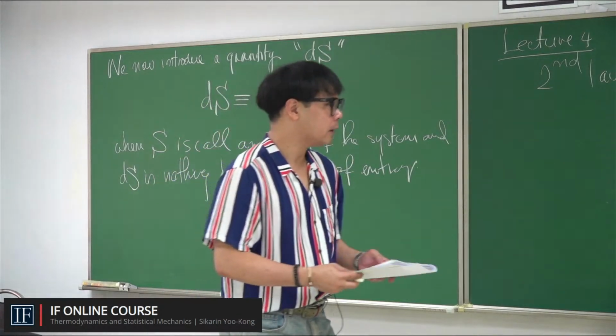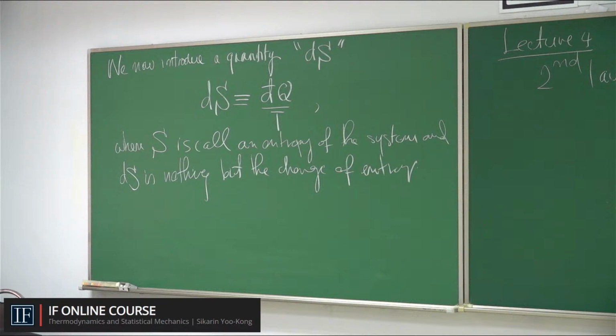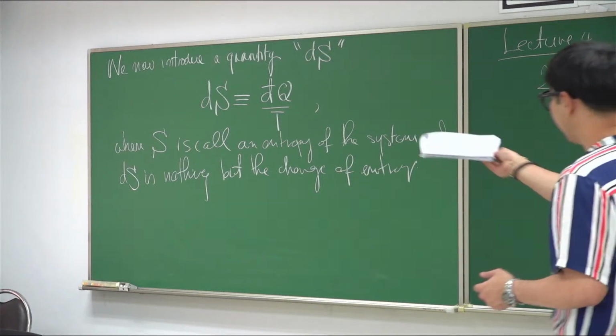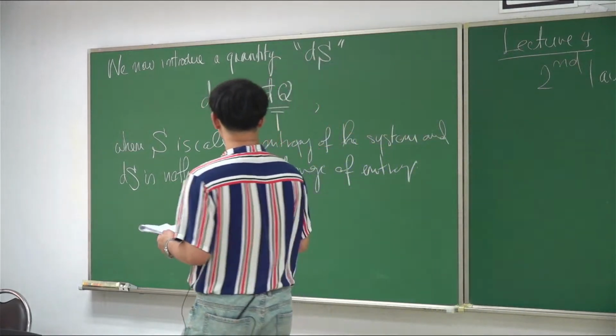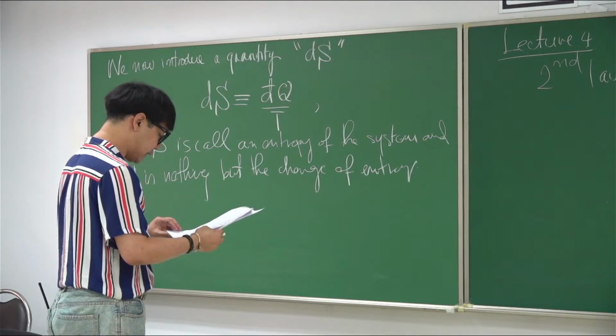So by working with this very simple system, we get this new quantity that we call entropy.